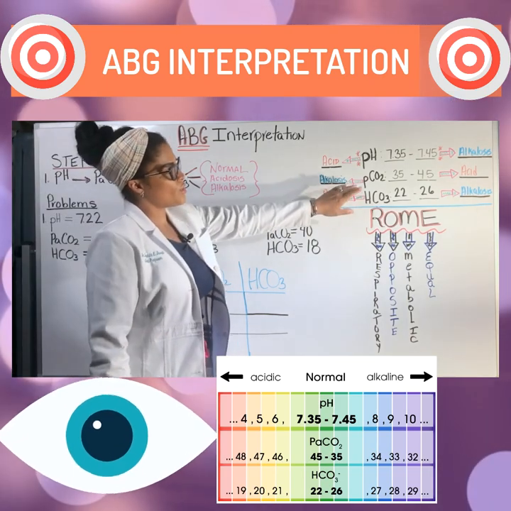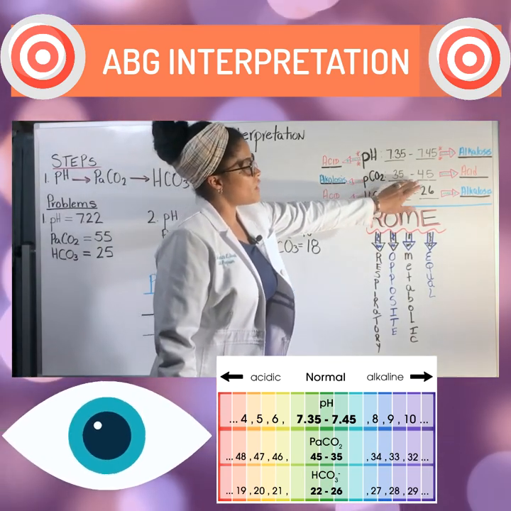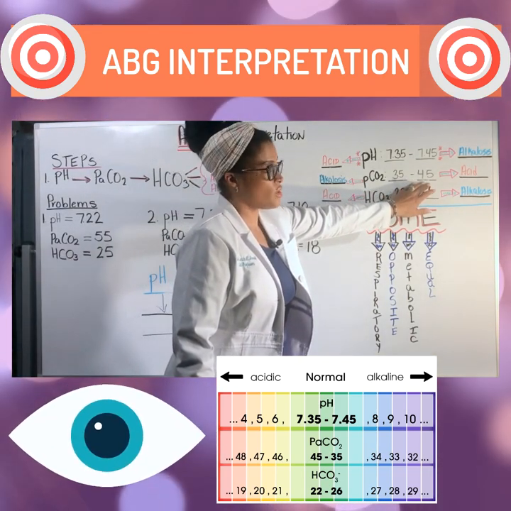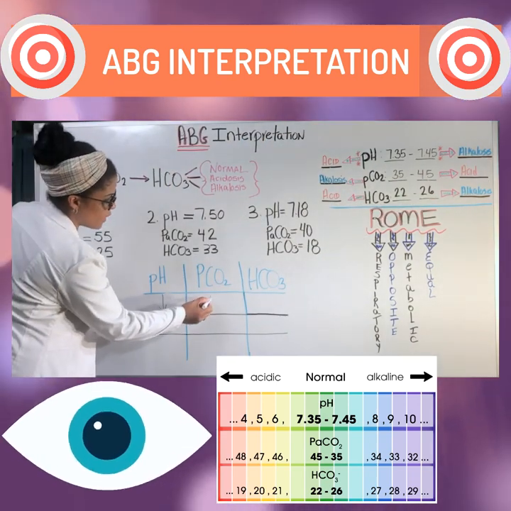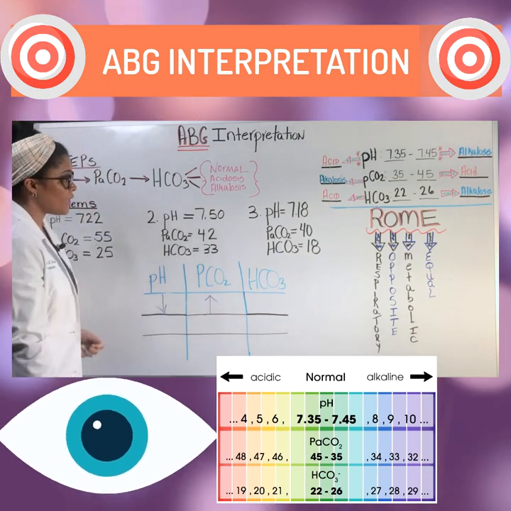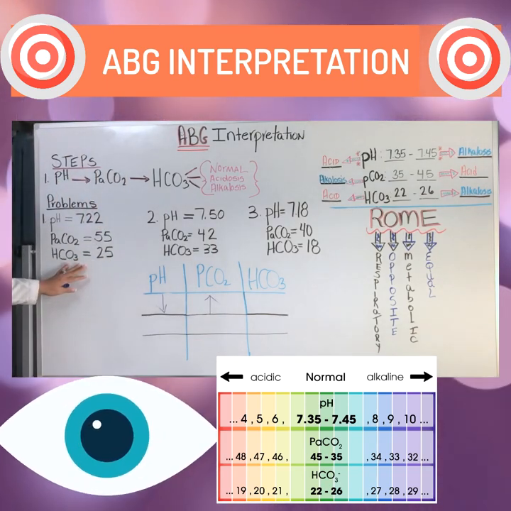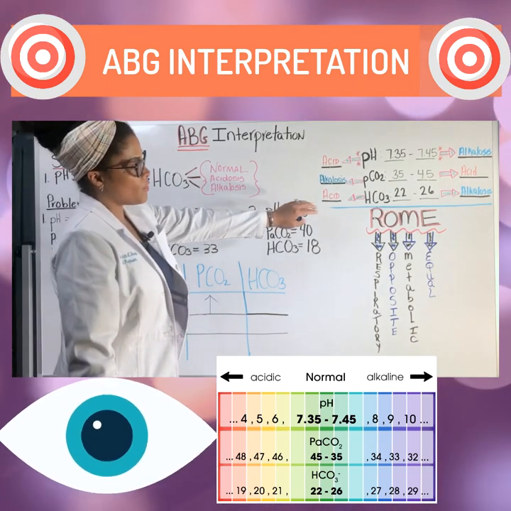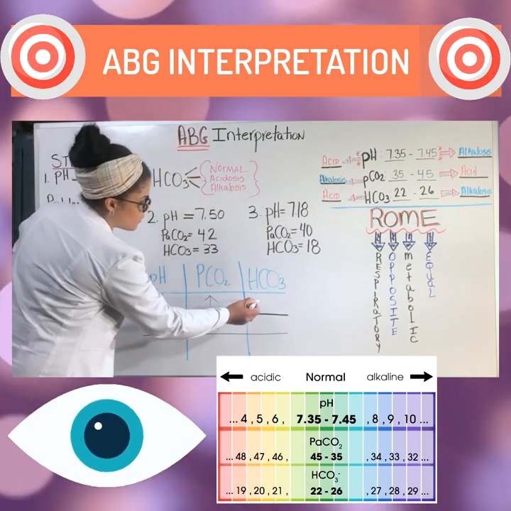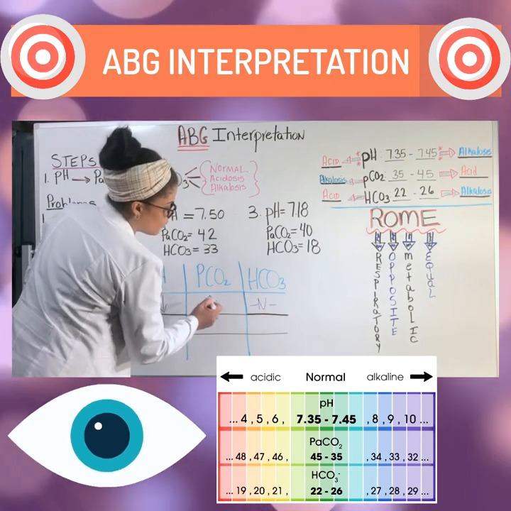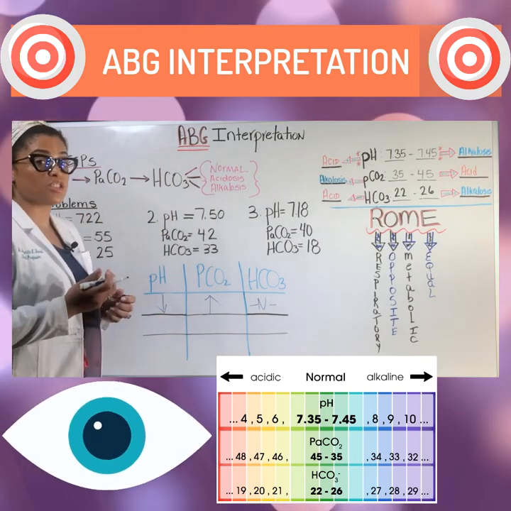The range is 35 to 45, so that is above the maximum range it should be. So is it acid as well? We're going to point the arrow up because it's elevated. And the bicarb is 25. The normal bicarb range is 22 to 26, so it is a normal state. I'm going to use the letter N for all the examples to symbolize normal.